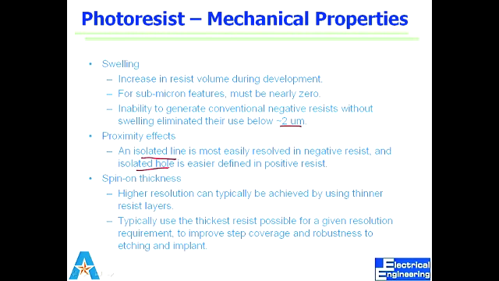Of course, for resolution we would want thinner resist layers. But what we do is use the thickest possible so we can cover the steps and have good coverage at the corners of steps. I'll show you some pictures also. Corners of steps are important because if you are ultimately going to etch and you have something like this, your resist will have a profile like this.